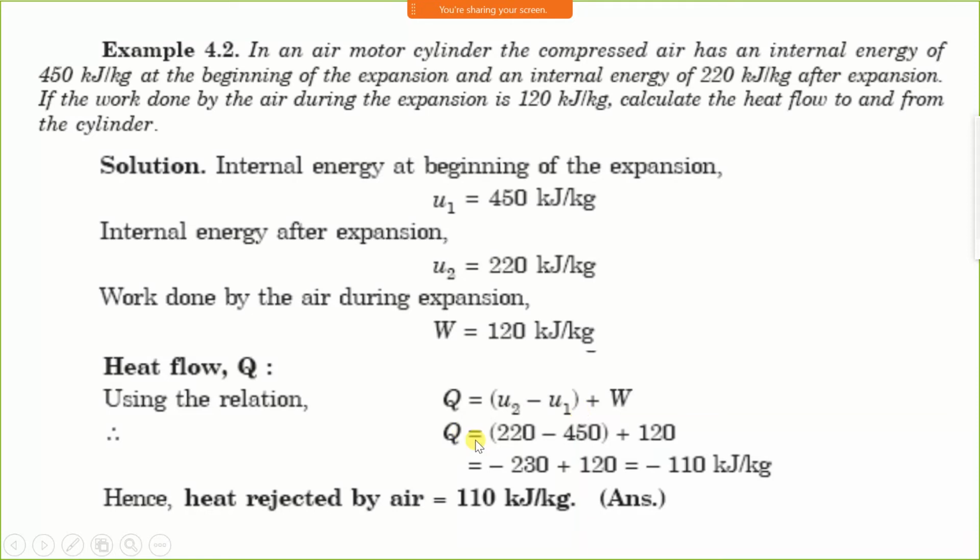Q is equal to 220 minus 450 plus W, which is positive, 120, and we get Q is equal to minus 110, that is heat is rejected by the air. Since Q is negative, heat is rejected by the air, which is 110 kilojoule. If you write heat is rejected, no need to write minus, it is understood.